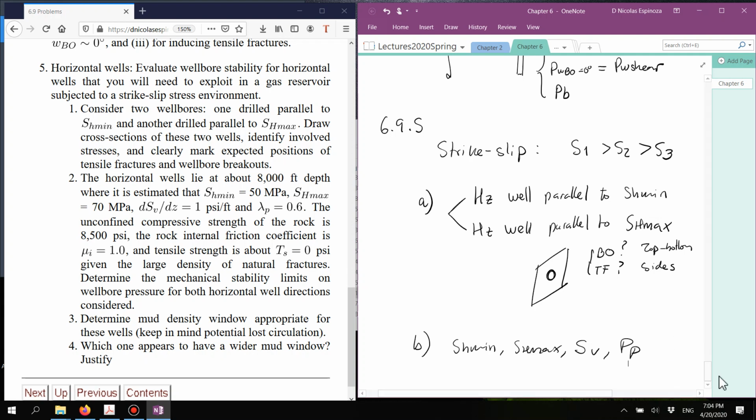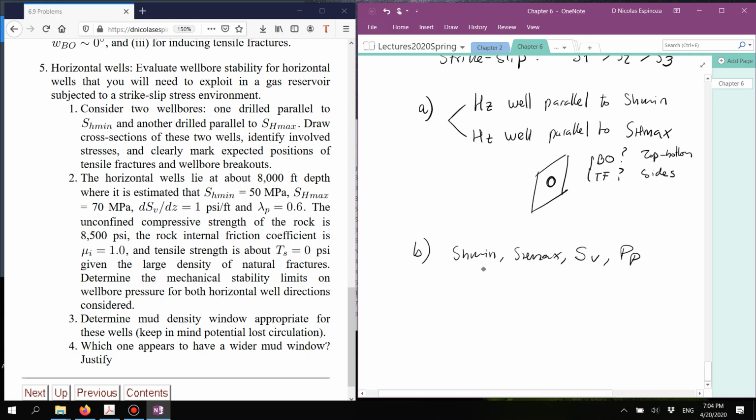With those, you should be able to tell what are the effective stresses and what is the effective stress tensor. And with those, to compute wellbore stability and determine the mechanical limits. So the calculation of PV is quite straightforward. You have the equation for that. That's going to be your upper bound.